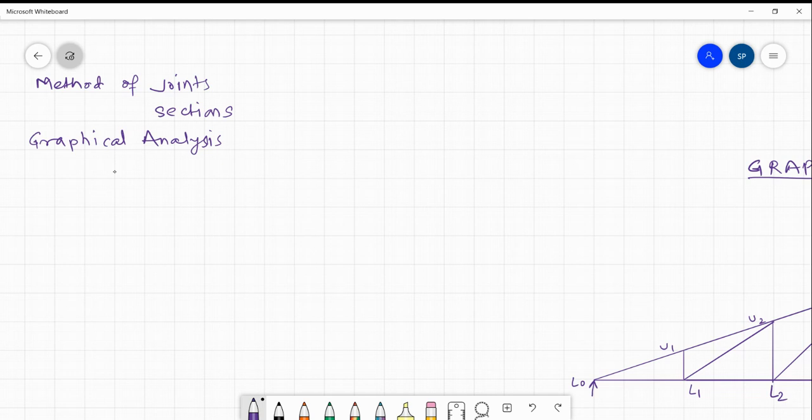So, before we start graphical analysis of truss, one should know how to represent a force graphically. Suppose there is one force having 10 kilonewton magnitude and direction, say it's making 15 degrees angle with the horizontal.